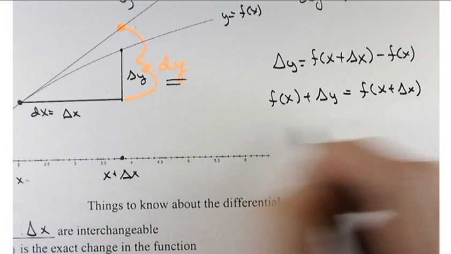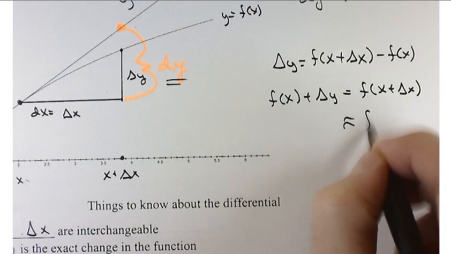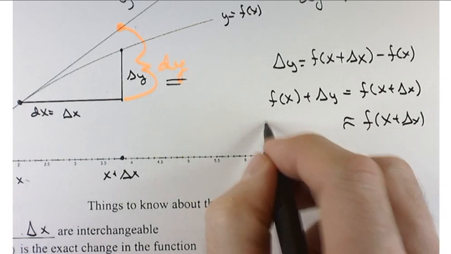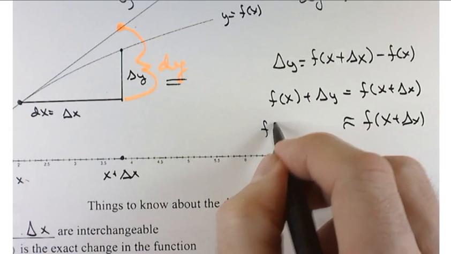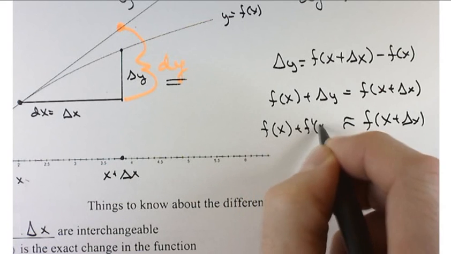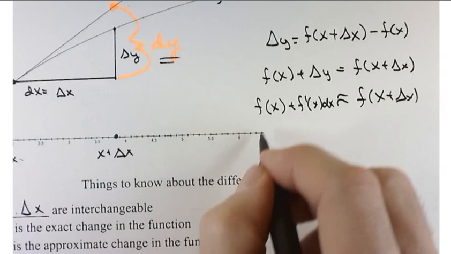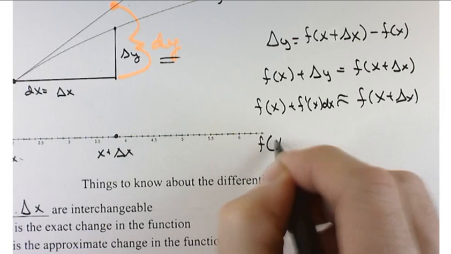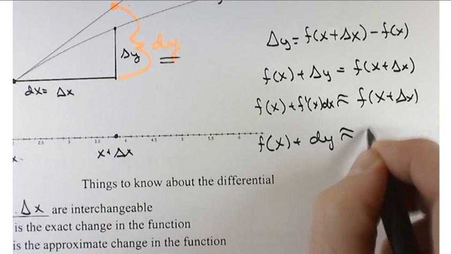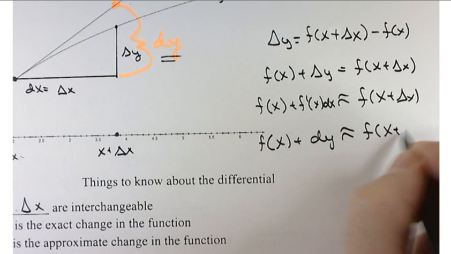So our new point, f of x plus delta x, can be approximated by f of x plus f prime of x dx. Or in other words, f of x plus dy is approximately our new point.